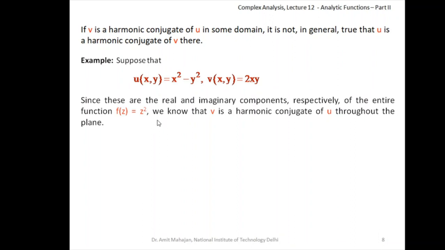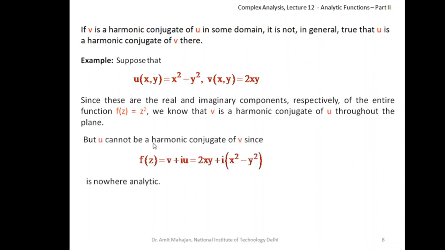But the reverse: if we say that u is a harmonic conjugate of v, then we must write a function of the form v + iu, because the imaginary part should be the harmonic conjugate of the real part. But this function is not analytic anywhere.